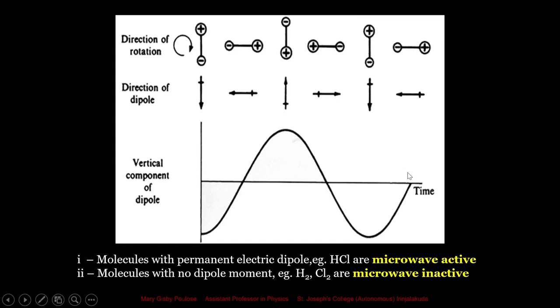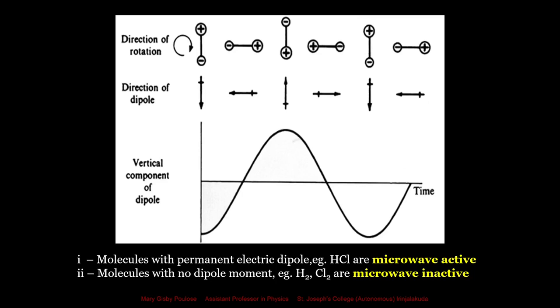That dipole can rotate by either absorbing energy or emitting energy. So in these two cases, we can take energy measurements from it. And this energy will be in the range of the microwave region.